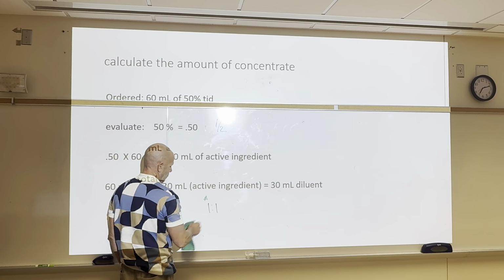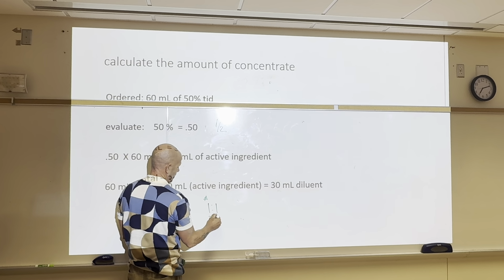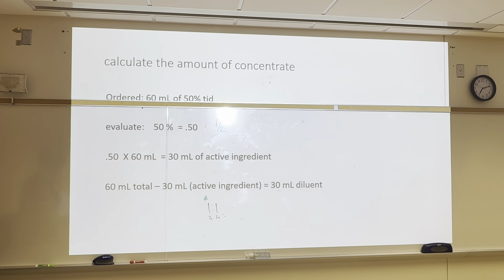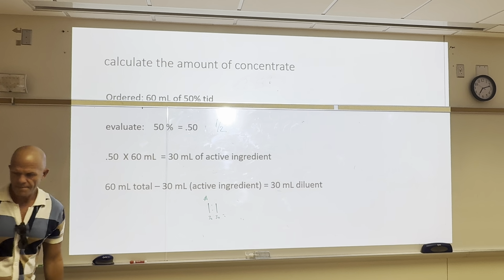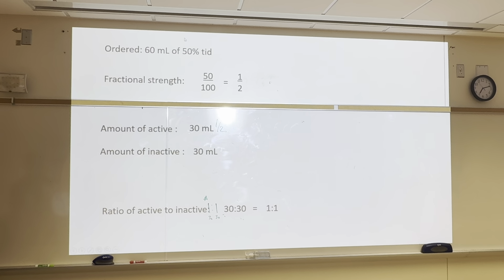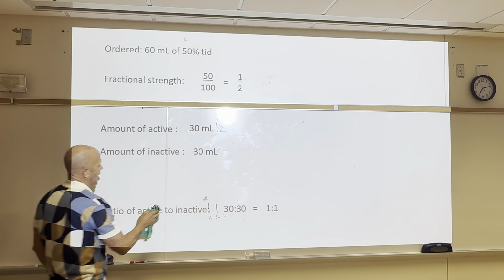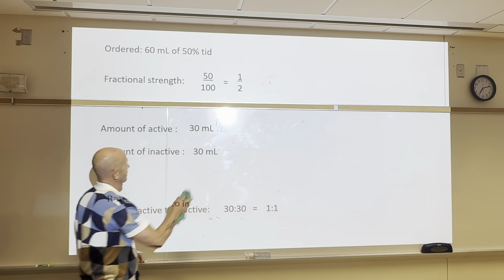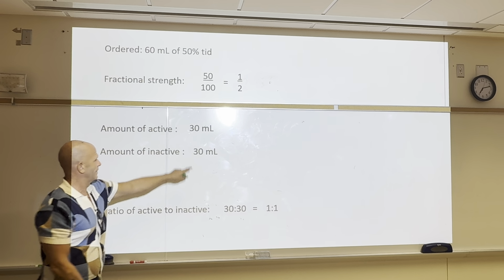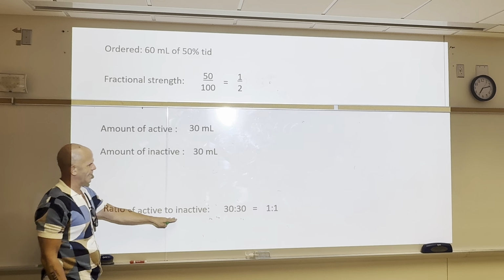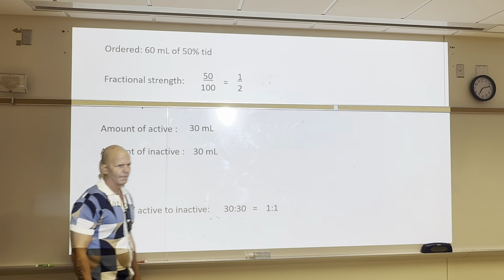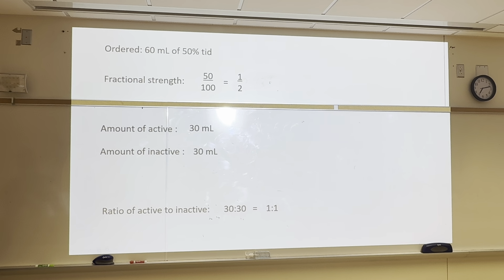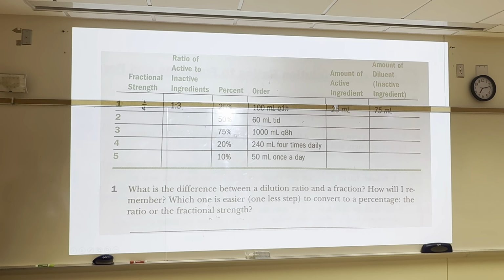Because remember, 30 and 30 equals what? 60. Okay? There's how we did that. Here's your answer. Amount of active ingredient is 30 mLs. Amount of inactive ingredient is 30 mLs. Ratio of active to inactive is 30 to 30 or 1 to 1. Okay? What's 30 divided by 30? 1. Okay? Next one.